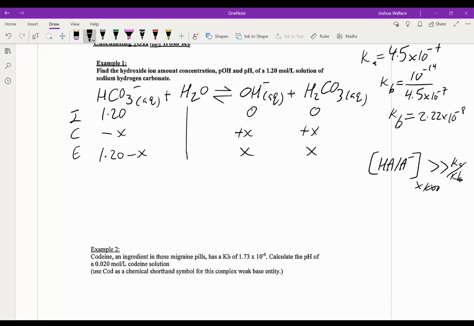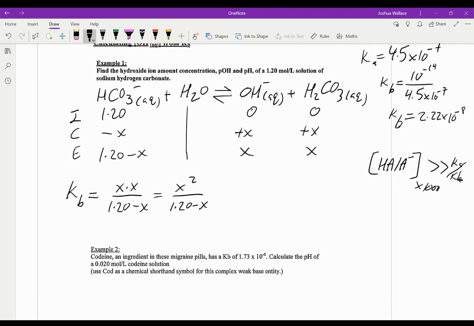Because when I set this up, I know my Kb is equal to my products, which is x times x, over my reactants, which is 1.20 minus x. This is equal to x squared over 1.20 minus x. When I move this over, I actually end up with a quadratic equation.